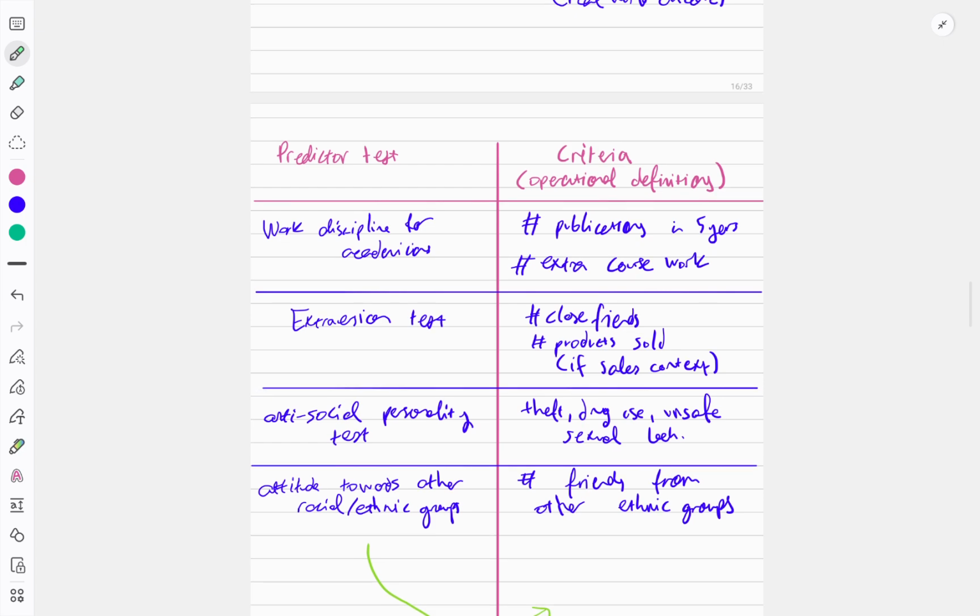Or maybe we are doing an extroversion test, and then we look at how many close friends they have. Or if we are measuring extroversion to understand how many products they can sell, we can check how successful they will be in sales, how many products they sold.